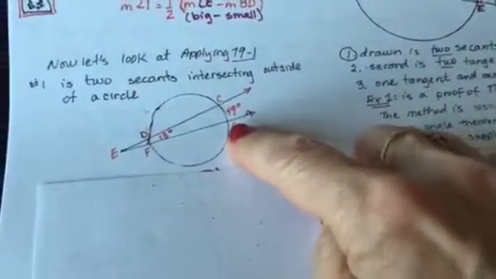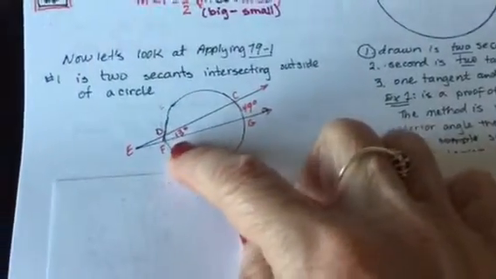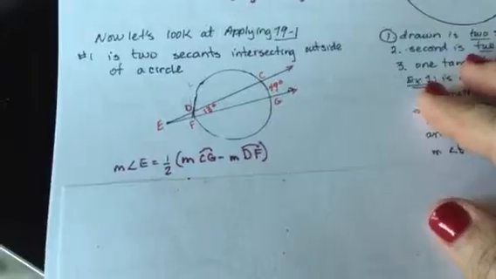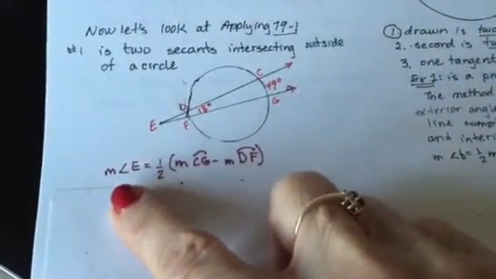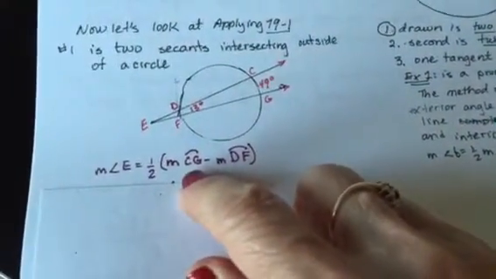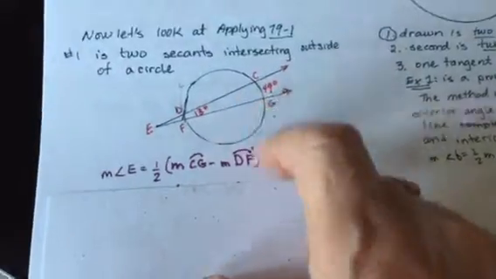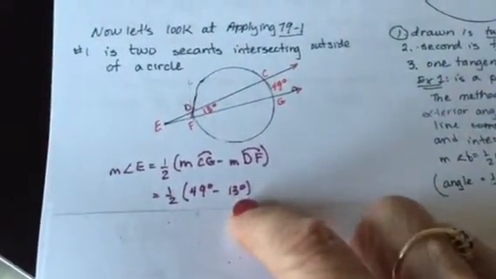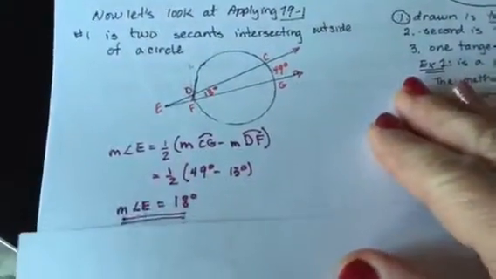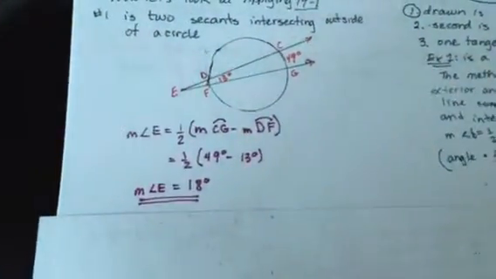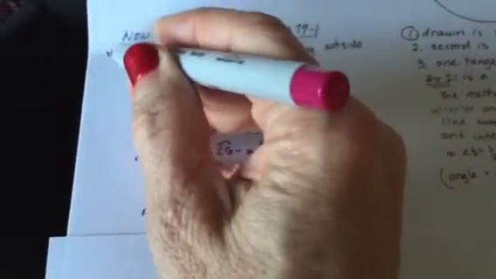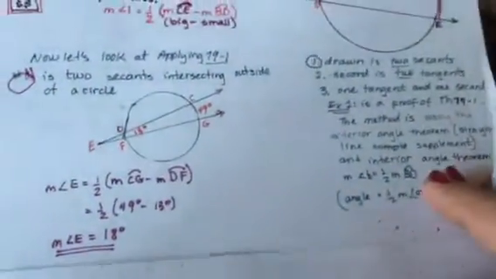This intercepted arc is 49, this intercepted arc is 13, and they want us to find the measure of angle E. I wrote the problem down using these notations, and then we plugged in the 49 minus the 13 times 1/2. The measure of angle E equals 18. So that is covering 2 secants.